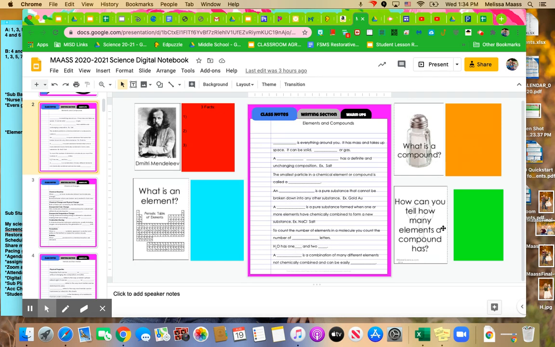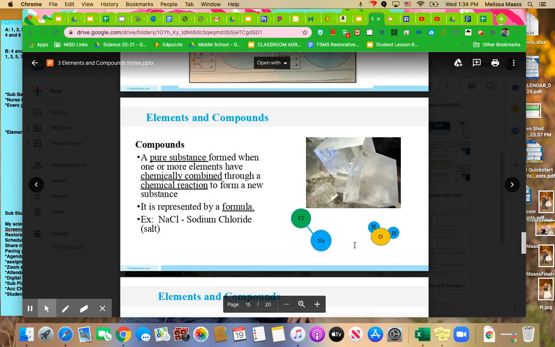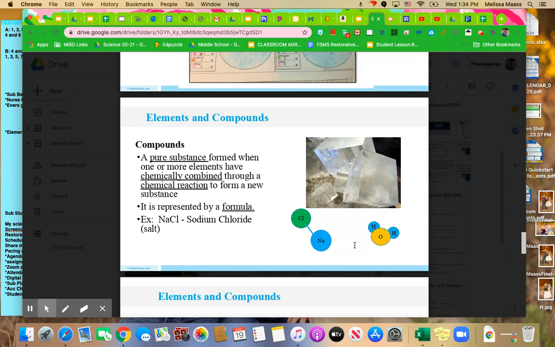So make sure you fill this in: what is a compound? We're going to go over it right now. It is a pure substance formed when one or more elements have chemically combined through a chemical reaction to form a new substance. So it's all these chemical reactions that happen between two or more elements to make a whole new substance.